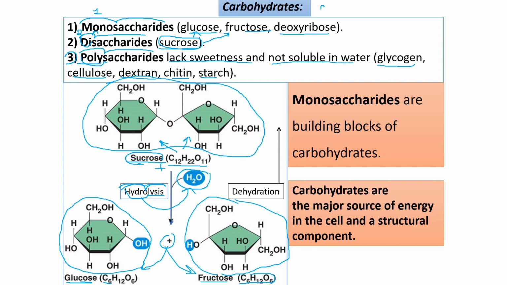You can see that 1 hydrogen atom from the water will be attached here, and hydroxyl will be attached here. So we break this bond in the sucrose with the help of water and separate it here. So this is what I show: sucrose is a disaccharide, and we make 2 monosaccharides, glucose and fructose, in water with the help of hydrolysis.